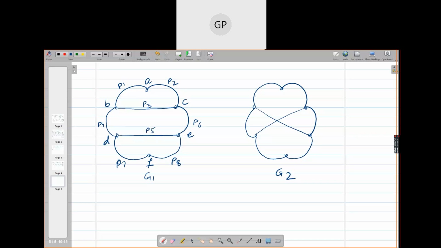And here we will have R, S, T, U, V, W, and the edge names I'm taking as Q1, Q2, Q3, Q4, Q5, Q6, Q7 and Q8. Okay, let us check whether these graphs are isomorphic or not.